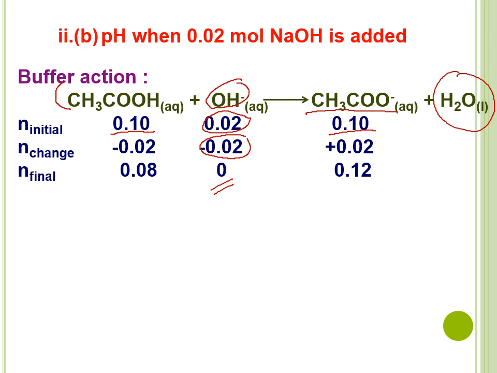Therefore, we are using 0.02 from acid, and it will be left with 0.08 moles only. And we're going to increase the concentration of acetate ion because we produced as much as 0.02. So we got 0.12.